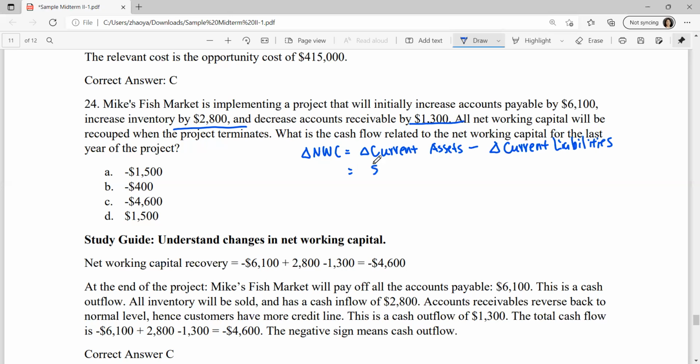So inventory increased by 2,800, and accounts receivable decreased, so it's plus negative 1,300, and minus current liability increase of 6,100. So 2,800 plus negative 1,300 minus 6,100 is negative 4,600. That is the correct answer here.